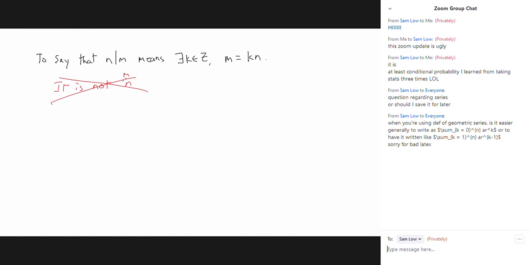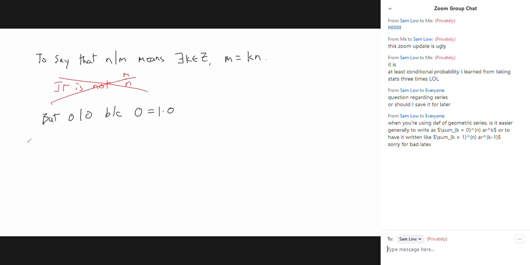Remember, this definition is problematic because it doesn't allow n to be 0, but 0 can divide 0 because, I don't know, 0 equals 1 times 0. Okay, so we don't use this definition.